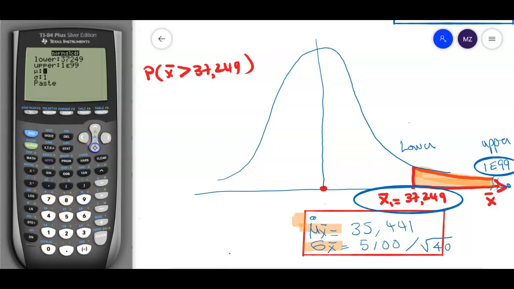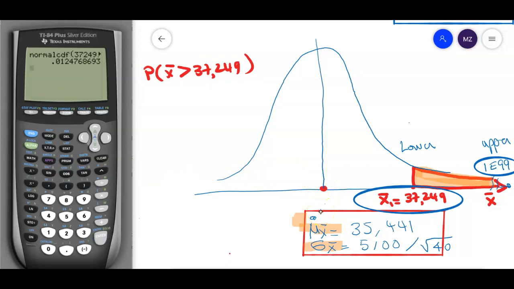Then the mean, which is 35,441, and the standard deviation, which is 5,100, but right now we're going to divide it by radical 40. Go to second, the radical sign is above the square. Put 40, and don't forget please to close the parentheses, otherwise the calculator will not take it. Then go to paste, enter, and enter again to get the result.